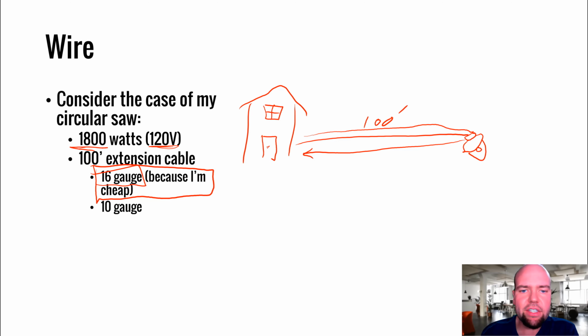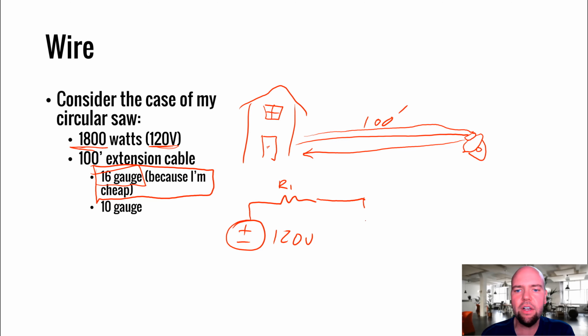Let's consider this as a circuit problem, though. And we're not going to worry about the fact that it's AC. 120 volts AC, that's AC RMS. We can treat it like DC, and power-wise, it's going to analyze the same. You'll learn that next year. So 120 volts, and we have some resistance of the wire that's going down to my saw.